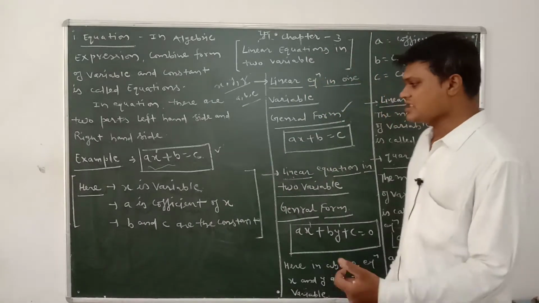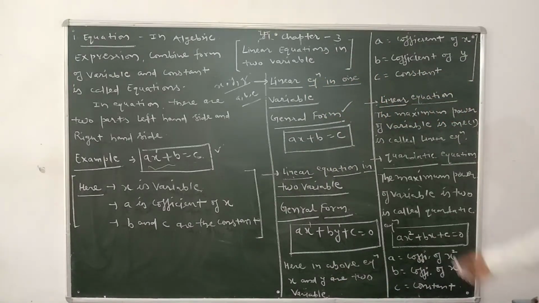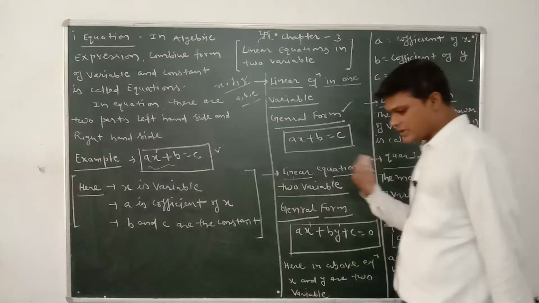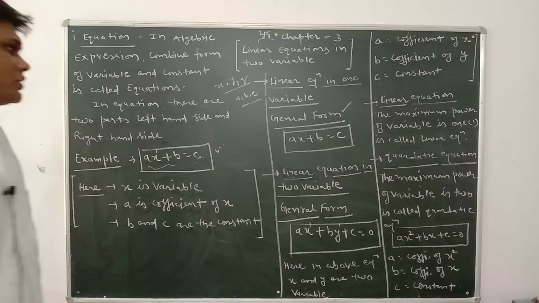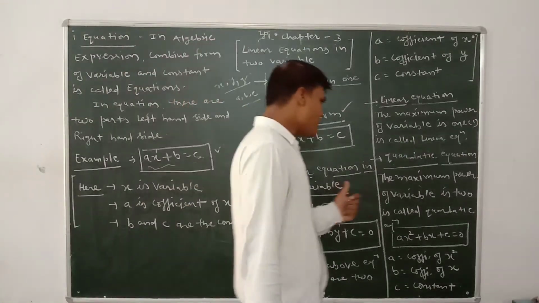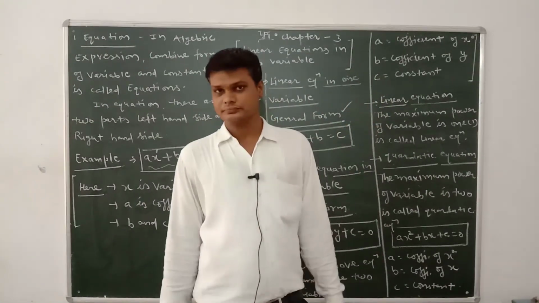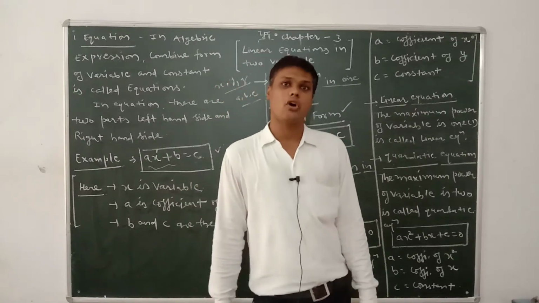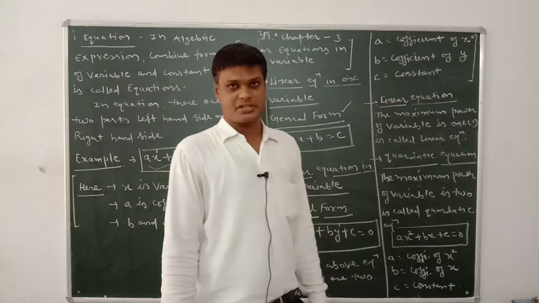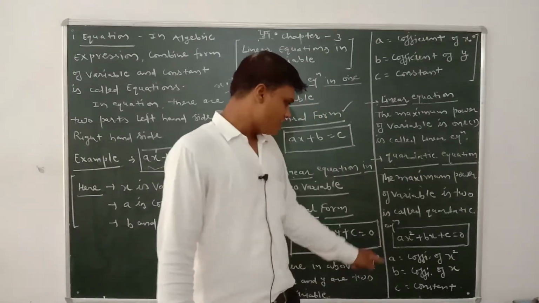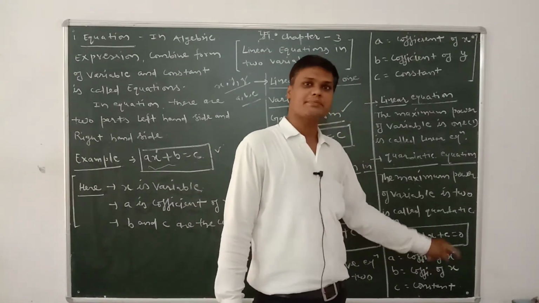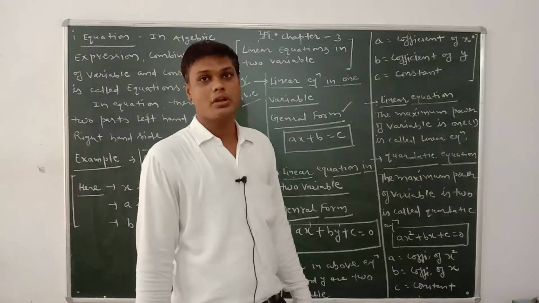Now the next type of equation is the quadratic equation. In the next chapter we will discuss the quadratic equation, so we introduce it here. The maximum power of the variable is 2 is called a quadratic equation. For example, the general form of the quadratic equation is ax square plus bx plus c is equal to 0.